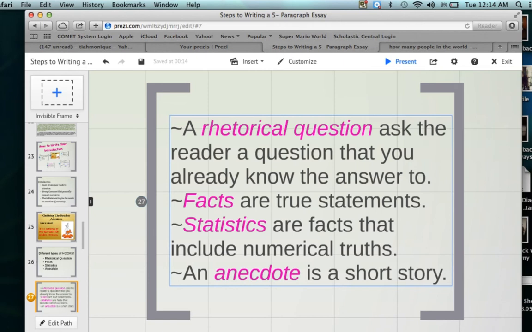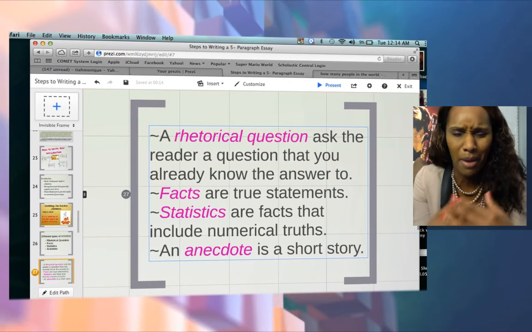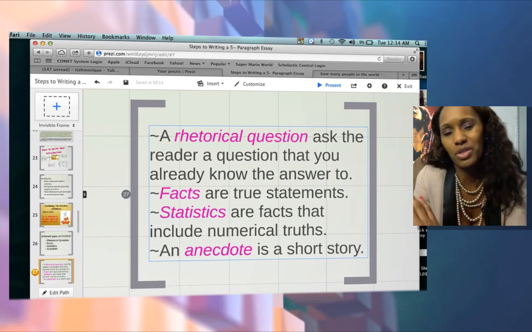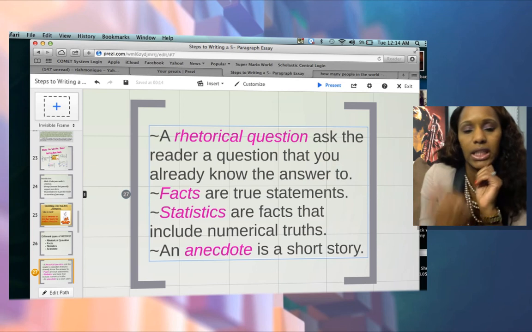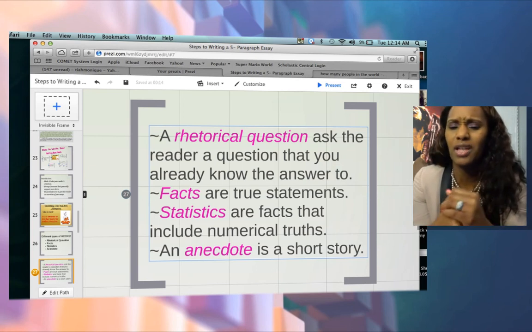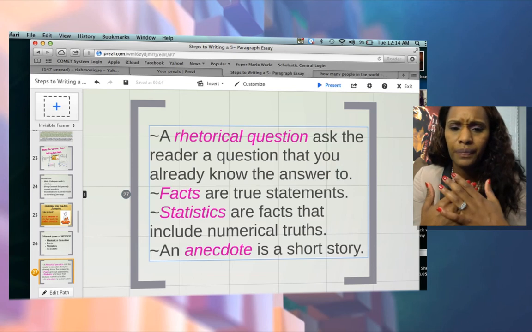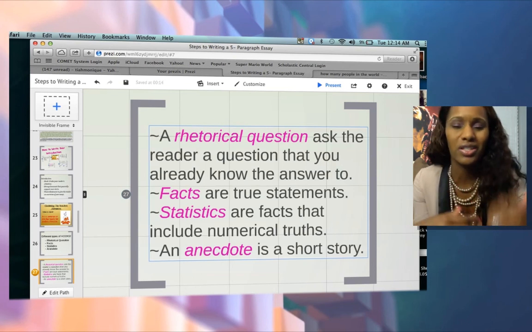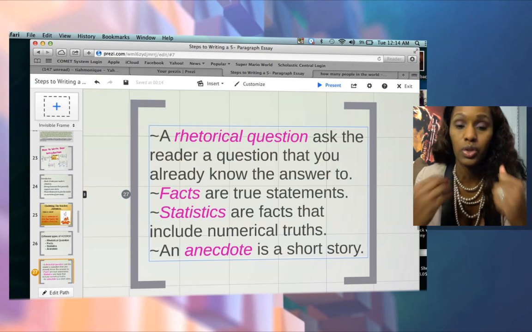So they're kind of alike, just one of them has numbers, one of them does not. In addition, we have an anecdote, which is one of my personal favorites, possibly because Miss Coley talks a lot. But an anecdote is a short story. A lot of times, especially when it's something that can be emotional, you can tug at people's hearts if you tell us a good story.